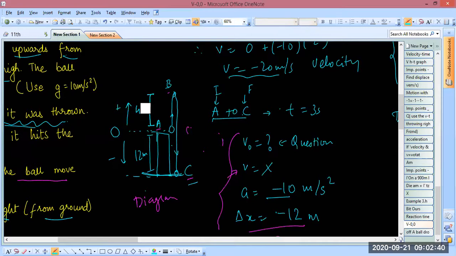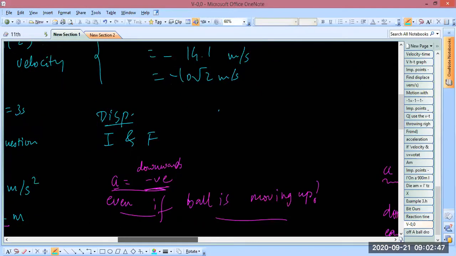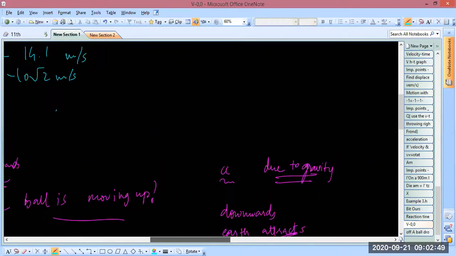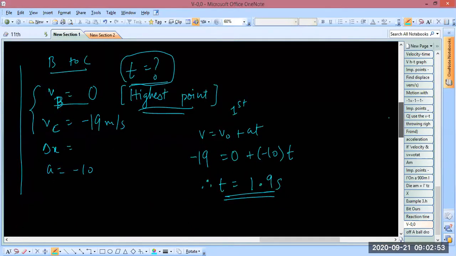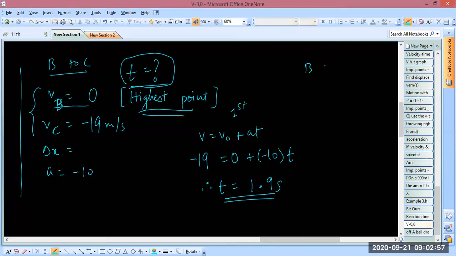So we can just find this first. You can actually do it for B to C also. We'll just continue like that.